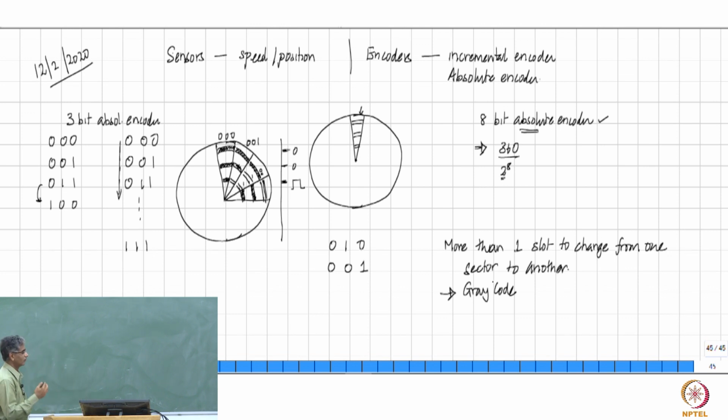Right? So if you arrange it that way, then you will be able to determine the actual angle as soon as you switch on the system. So this is then an absolute encoder, and one can use this.